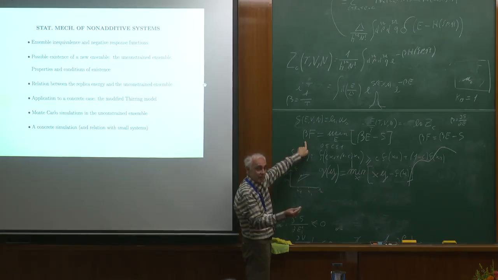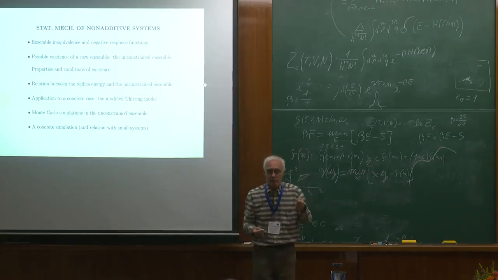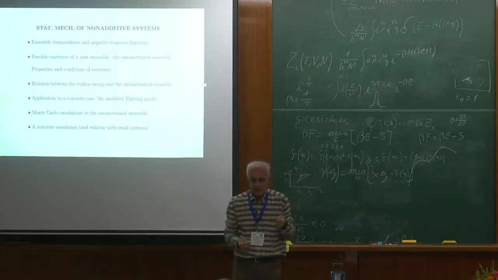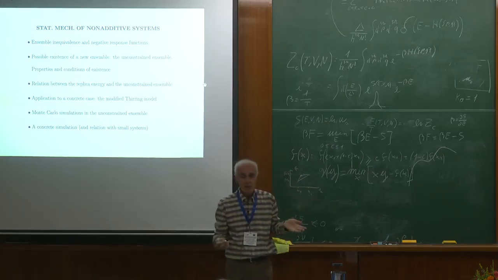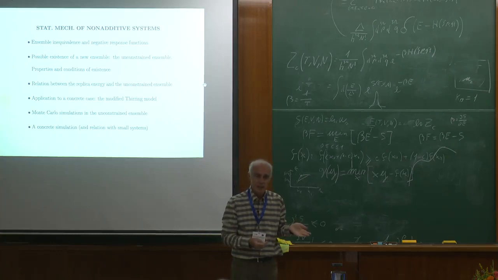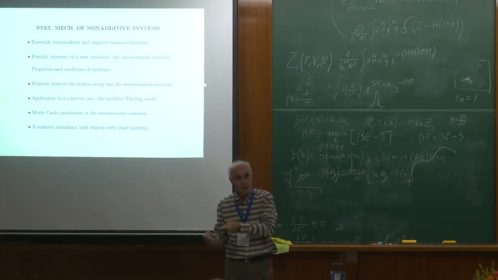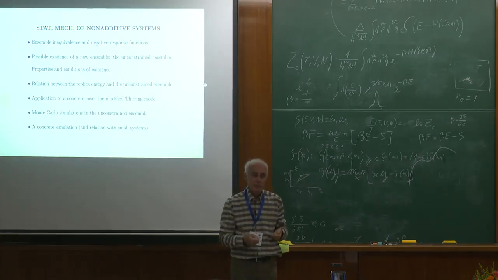So when you have a negative heat capacity in the microcanonical case, you have ensemble inequivalence, because there will be energies for which the system is not stable when put in contact with the thermal bath. So there will be energies which are prohibited.